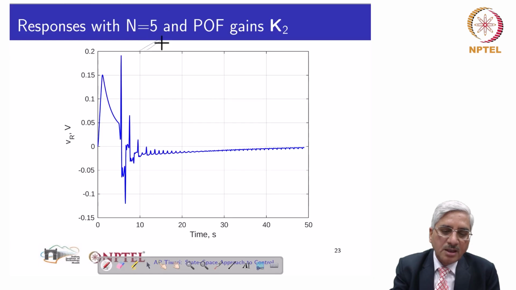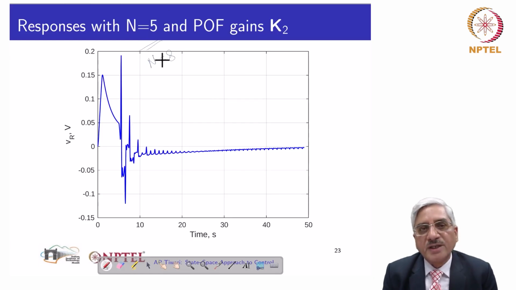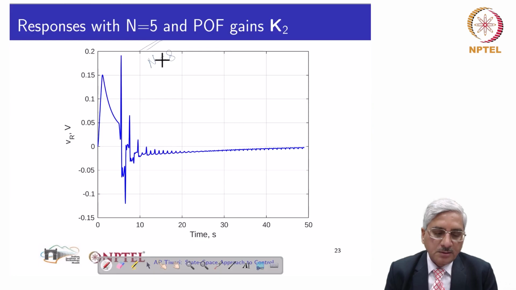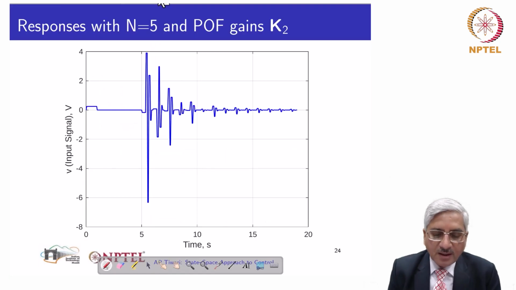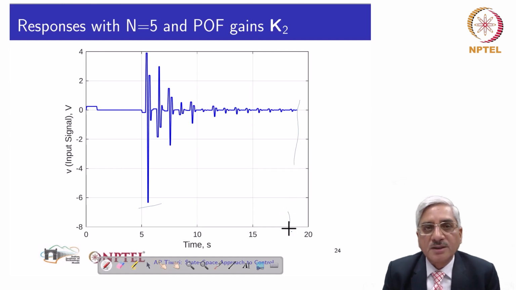Please remember, this is not n equal to 5, this is n equal to 8. Number of 8 subintervals during one output sampling interval of the system. This is finally again the zoomed variation of the control signal over a smaller time. Earlier it was shown over a longer time.